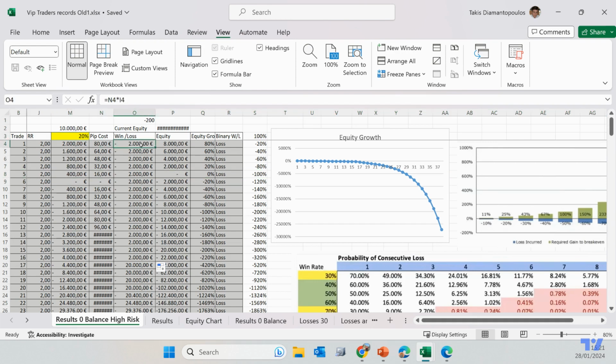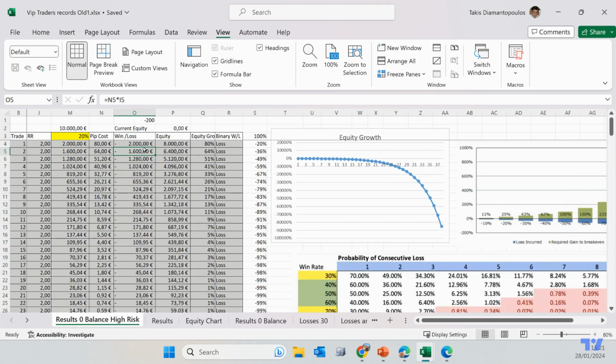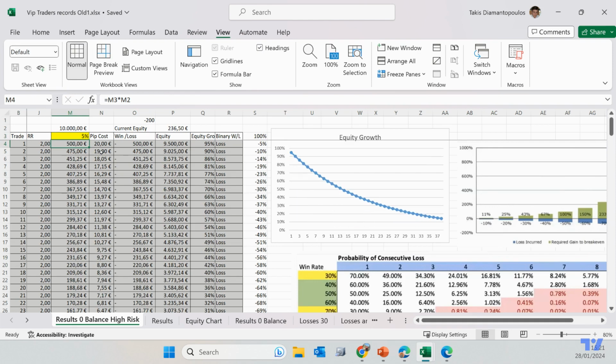All right, let's look at another, more realistic scenario. I will trade instead of 20%, I will trade with 5%. 5% means that I will lose my full capital if that 5% was a fixed amount of money.